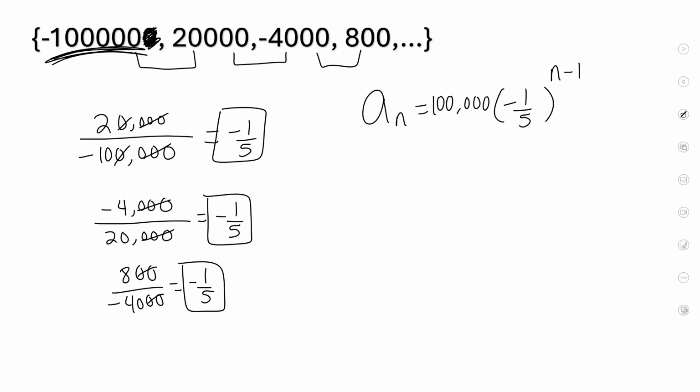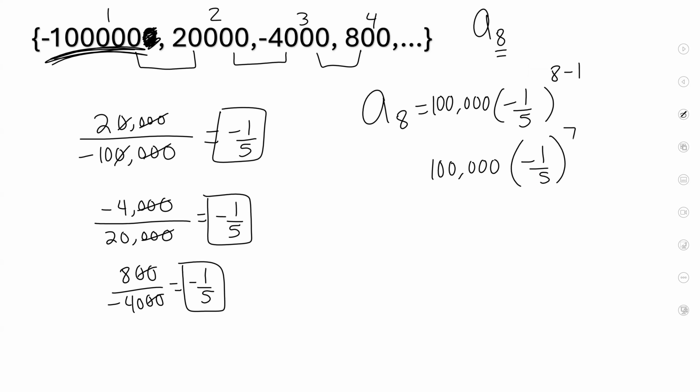Now, let's say I want to figure out what the 8th term in the sequence is. I have the first term, the second term, the third term, the fourth term. I want to figure out the 8th term in my sequence. So I'm going to substitute an 8 for n. So this will be 100,000 times negative 1/5 to the power of 7, because 8 minus 1 is 7.